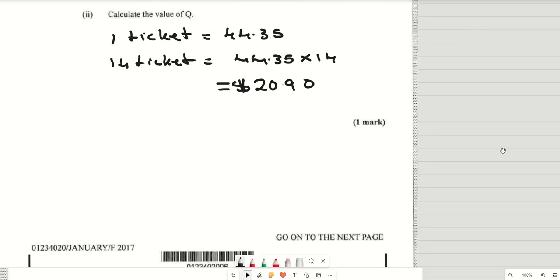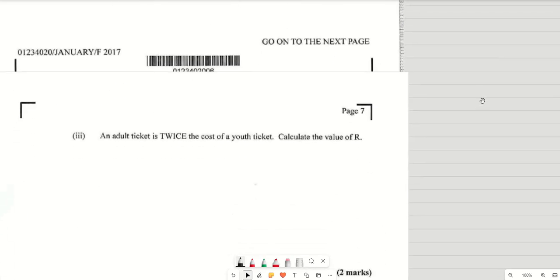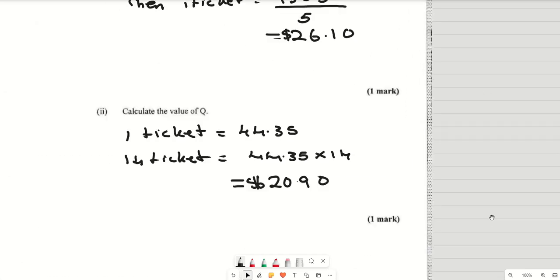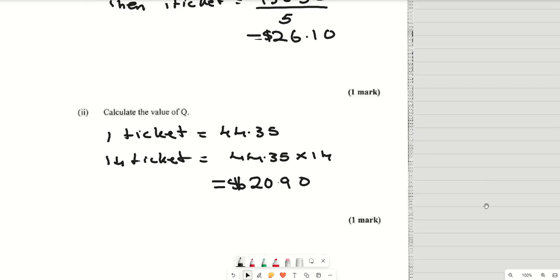And let's go to the last one. They said an adult ticket is twice the cost of a youth ticket. Calculate the value of R. So we see that the adult ticket is twice the cost right here. The adult ticket is twice the cost of the youth ticket, right?